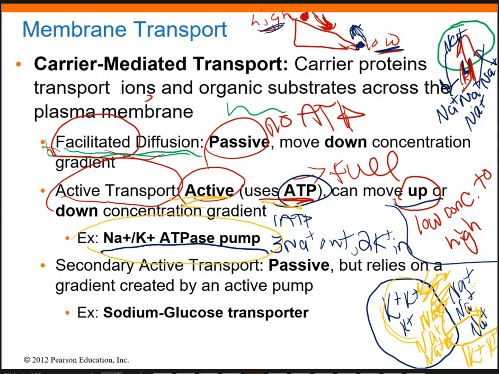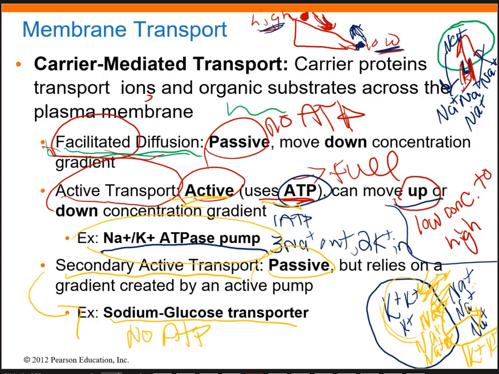Now there is something called secondary active transport. Now this secondary active transport is a passive process. It does not use any ATP itself. Okay, so the actual secondary active transporter, like for example, the sodium glucose transporter, does not use ATP itself.